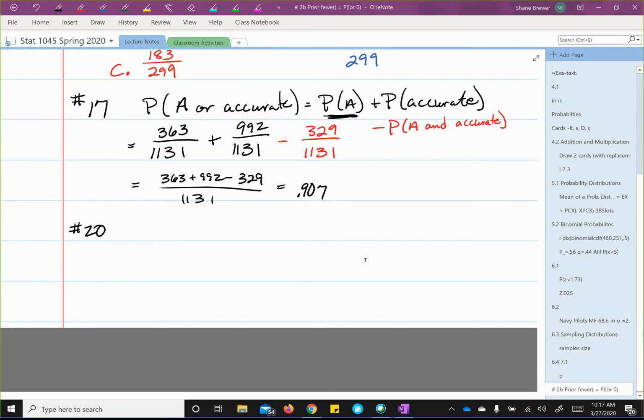No, and we're not even talking about a spreadsheet. We're talking about on our calculators. Yeah, it's going to be easier just to do it by hand.